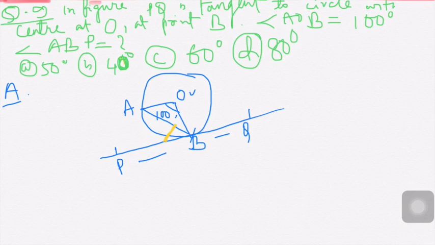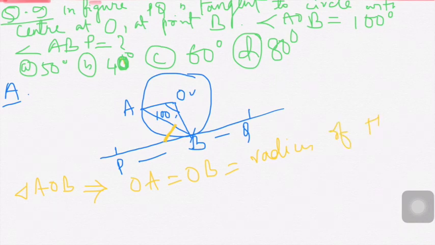So this is a very interesting problem where you need to understand the very basics of triangles. So here you see triangle AOB. Here we can write OA equals OB equals radius of the circle.